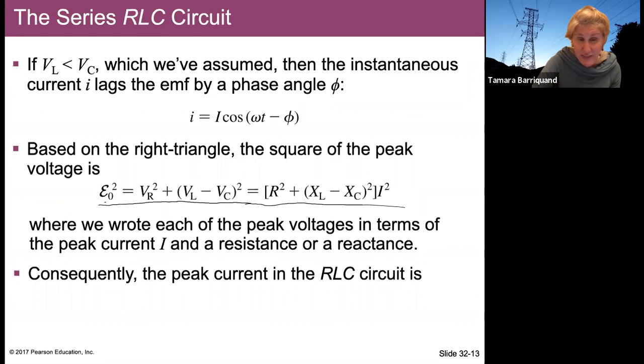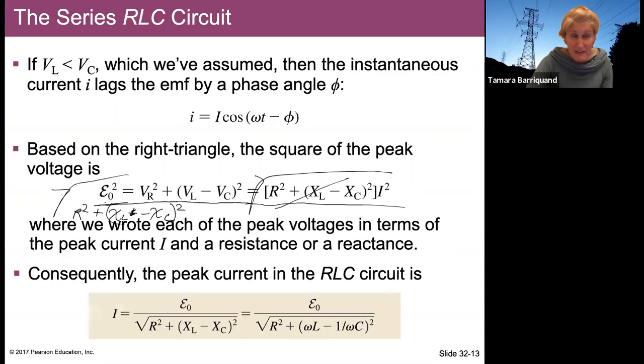Consequently, in the RLC circuit, we can solve for the peak current by dividing through by R squared plus (X sub L minus X sub C) quantity squared, and then taking the square root of both sides.